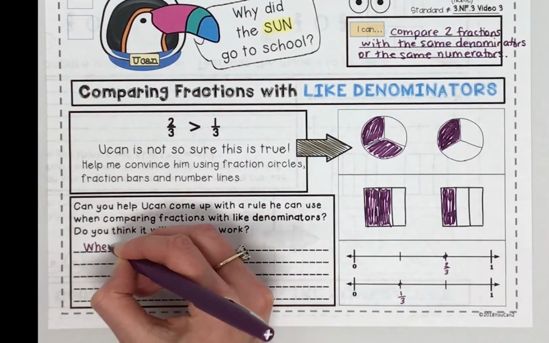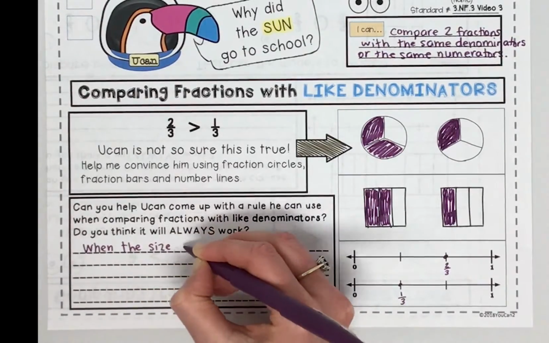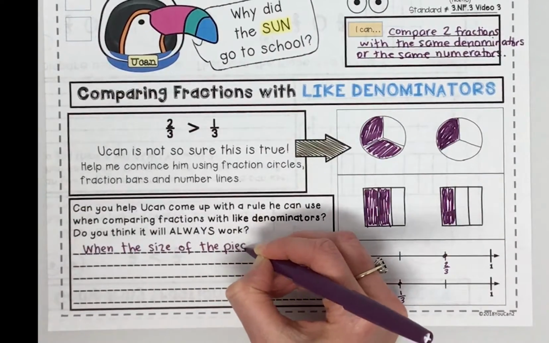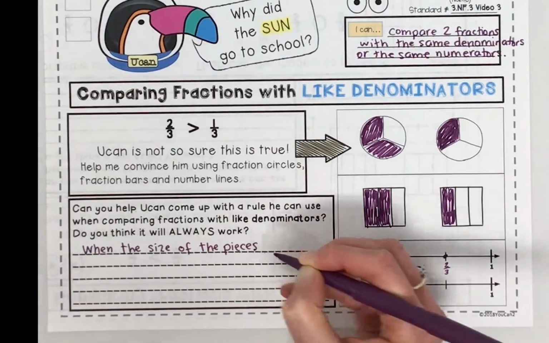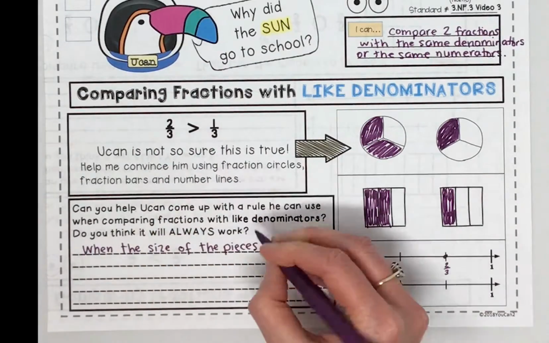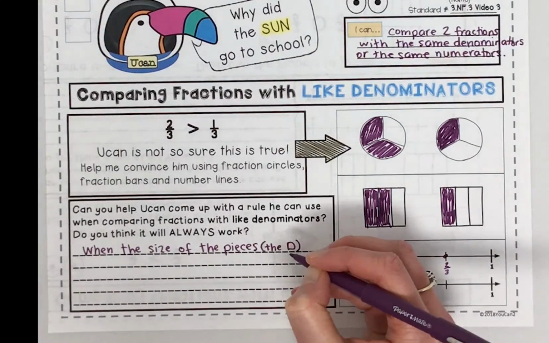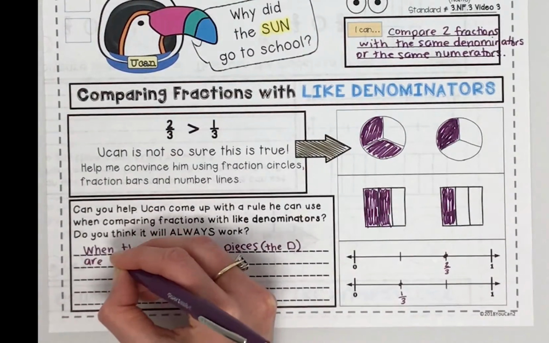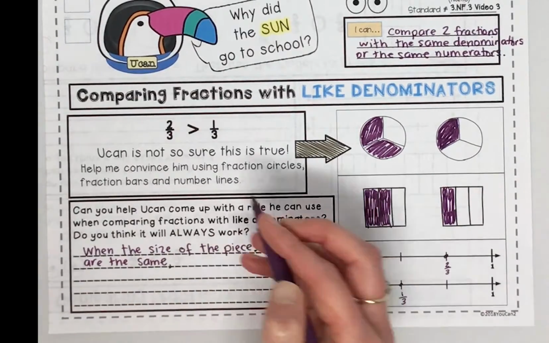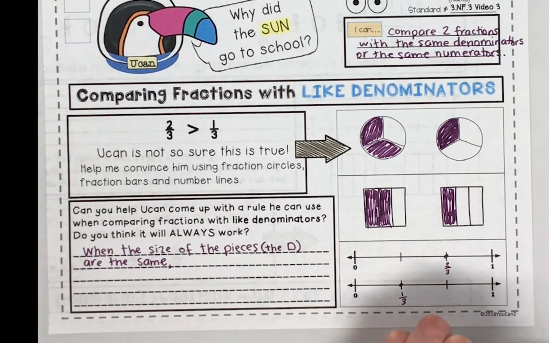When the size of the pieces, and we know the size of the pieces by looking at the denominator, the D, are the same. So we know that the size of the pieces are the same because they both have a 3 in the denominator in this example.